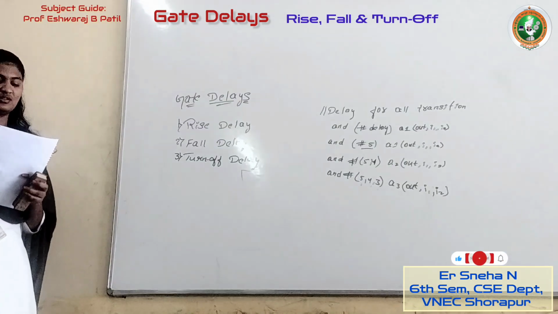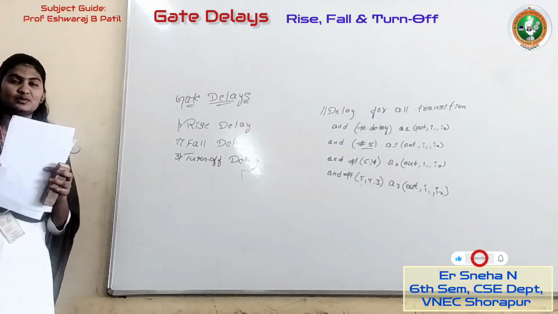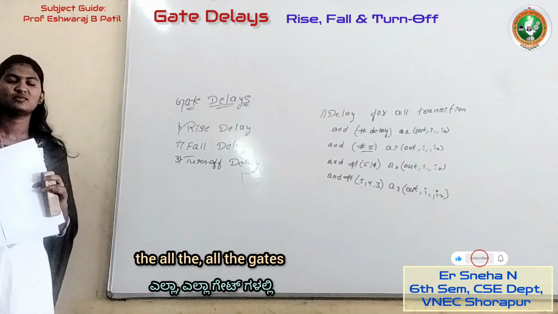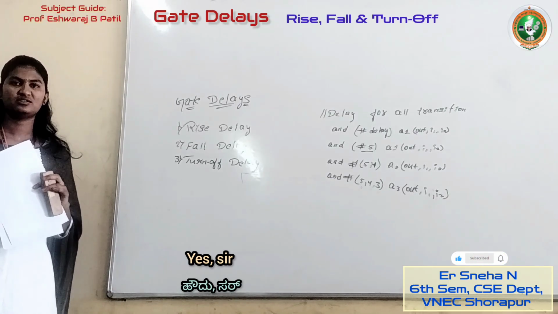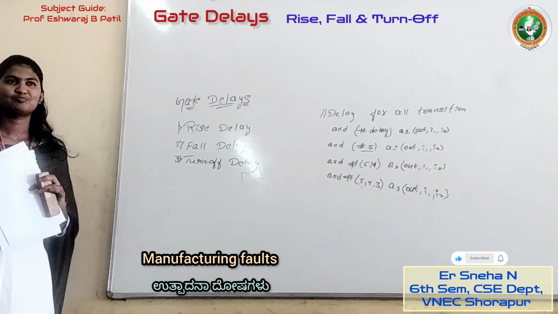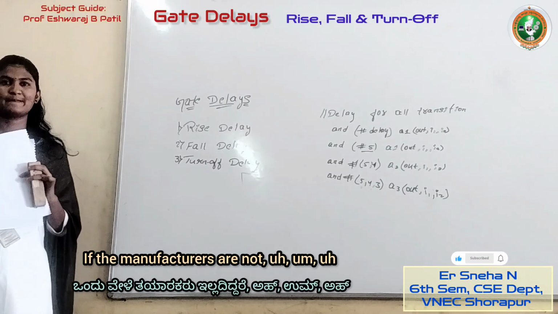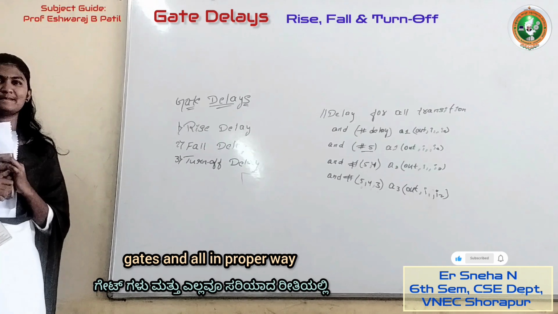What is the delay? Delay is the time. What is the necessity of having the delay in all the gates? Why is it introducing the delay in all the gates? Manufacturing defects. The manufacturers may not package those gates in a proper way.